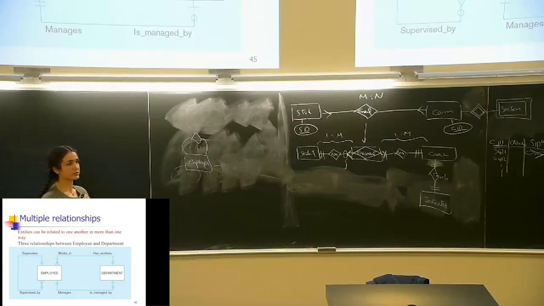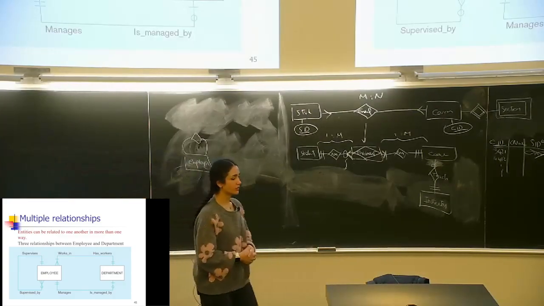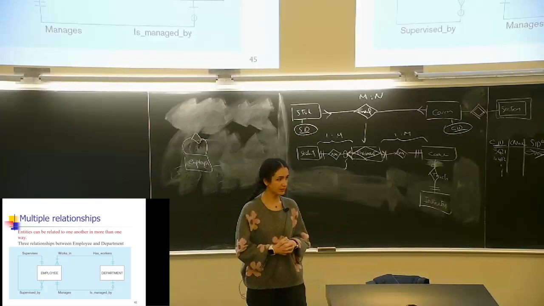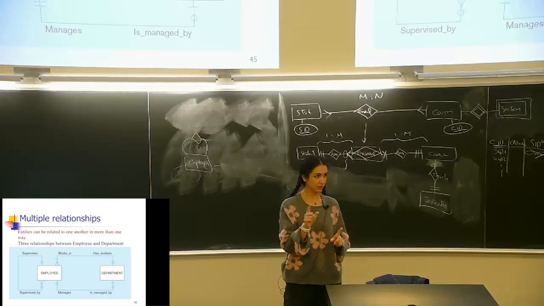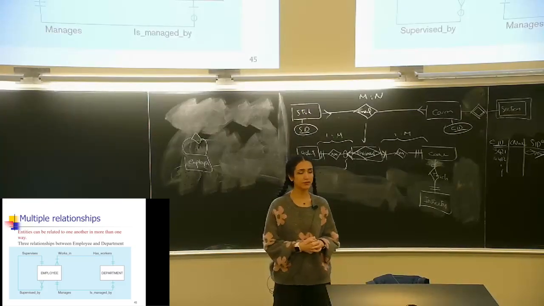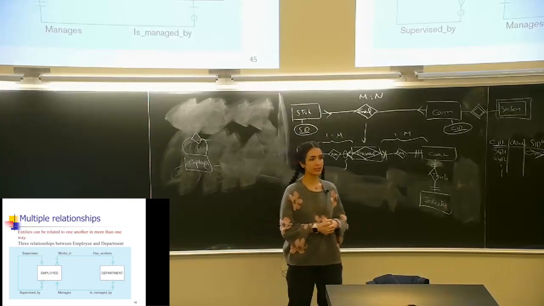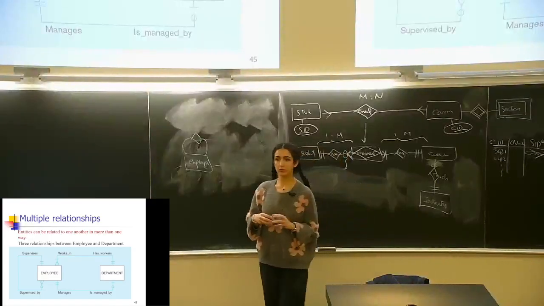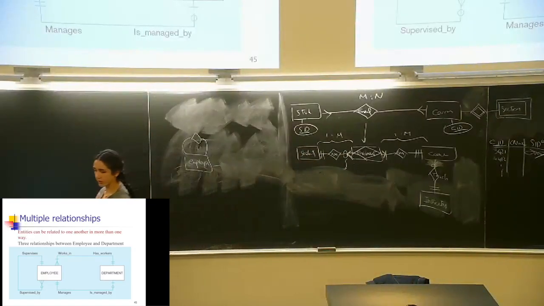Because some profs are working in a specific department. That is one relationship, employees working in the department. Another relationship is related to those employees that are managing a department. So an employee can manage 0 or 1 department, right? And each department can be managed by one and only one employee.